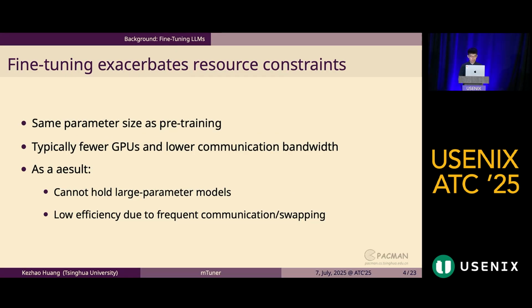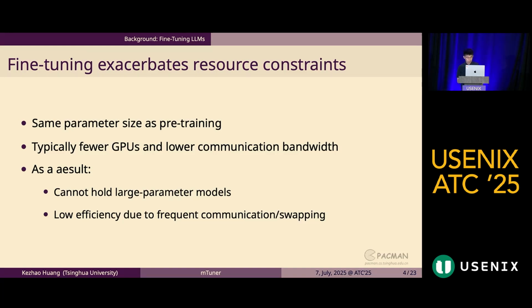However, efficiently fine-tuning a large model is far from trivial. One key point is that the parameter size during fine-tuning is the same as pre-training, which means a huge memory requirement. But unlike pre-training, fine-tuning is often done with limited resources, which means fewer GPUs and much lower communication bandwidth.